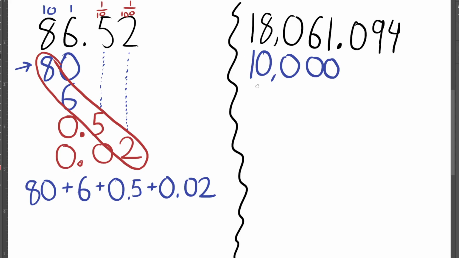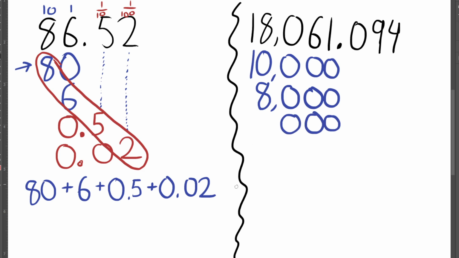After our 1 comes our 8. But it's not just an 8. It's 8,000. I'm putting these zeros in to show that there's nothing here when we talk about 8,000. So we have our 1, we have our 8, next is our 0. I like to put this here because when we do our check, just like our other problem, it'll make a lot more sense.